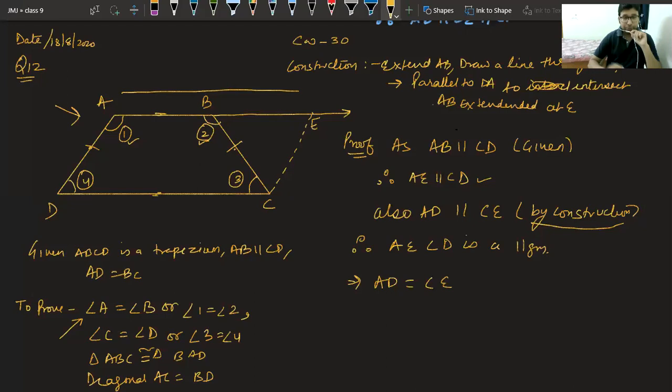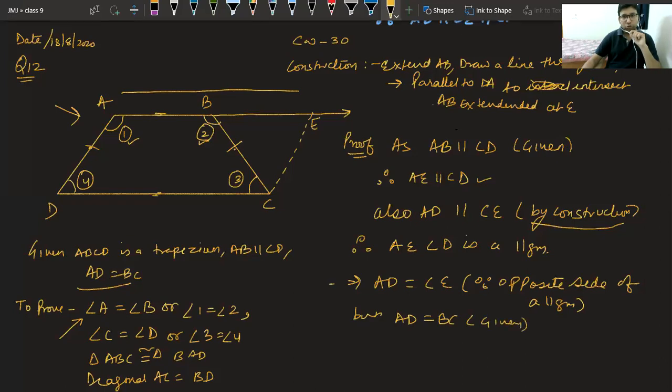So class, can I say AD equal to CE? Because opposite sides of a parallelogram are equal. Yes, class. Now I know this thing, but given to me was AD equal to BC. What do we get from this, class?